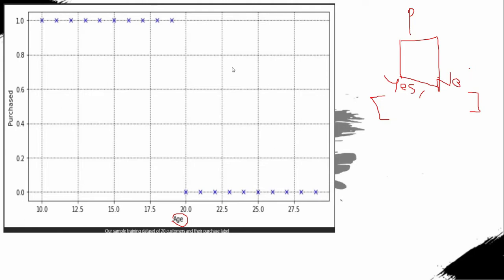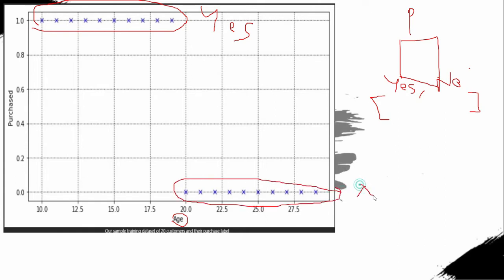So for these data points, I'm assuming that the answer is yes, this would be purchased. And for these data points, it would be no, it won't be purchased, right? So for these data points, what if we map out the probabilities that it would be purchased or not? For these data points, the probability would be 1 that it would be purchased, and 0 that it won't be purchased.